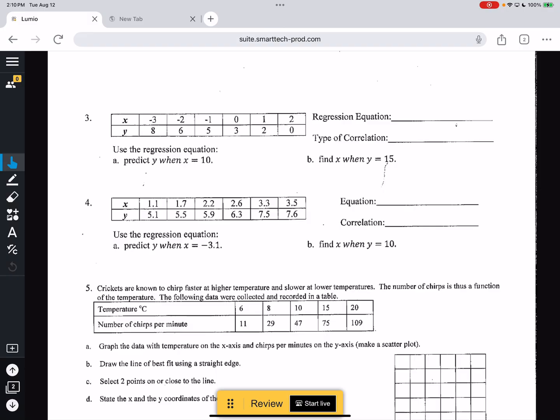So we've got to create the equation, and you would use that information to do it. You would do y equals negative 1.5x plus 3.2. And then, is it a positive or negative correlation? Your slope says that it is negative. Then, instead of x, you'll use 10, and then 15. Figure out what your answer is.